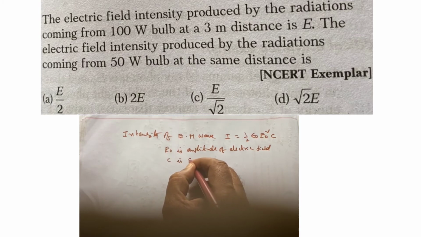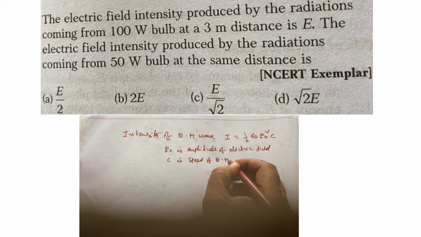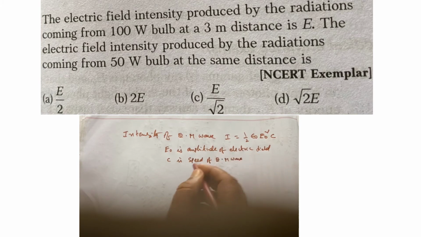C is the speed of the EM wave. From the above equation, E naught equals root of 2I by epsilon naught C.